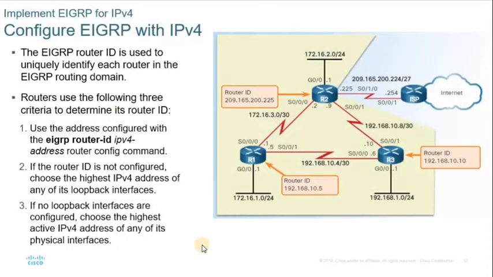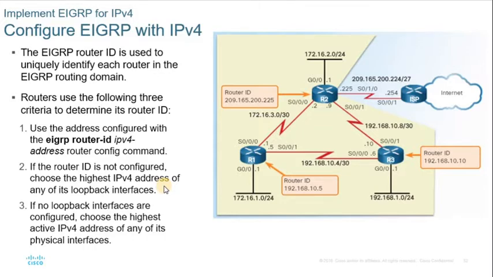Okay, so before moving on with the completion of EIGRP configuration on our 3 routers, let's have a subtopic first. This time we're going to look at the EIGRP router ID.